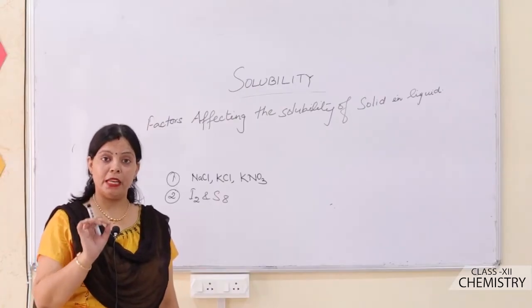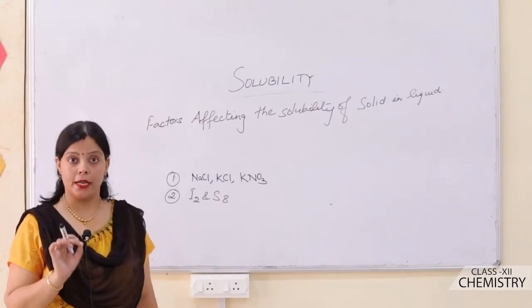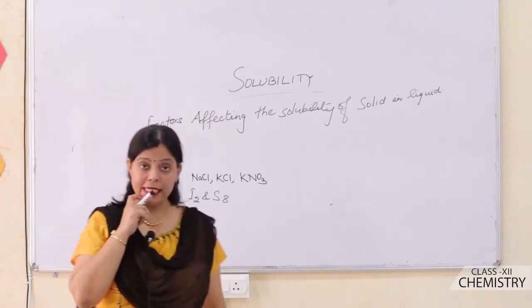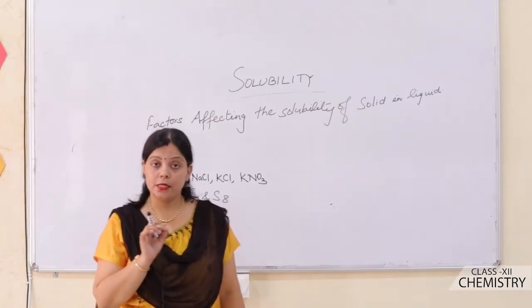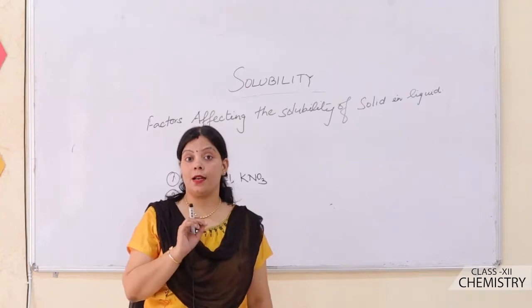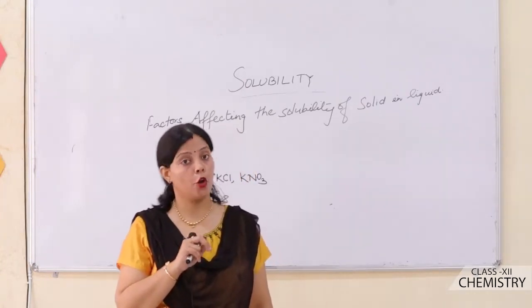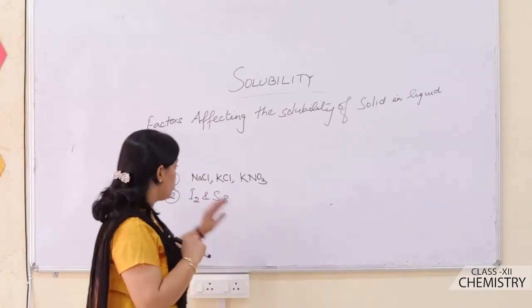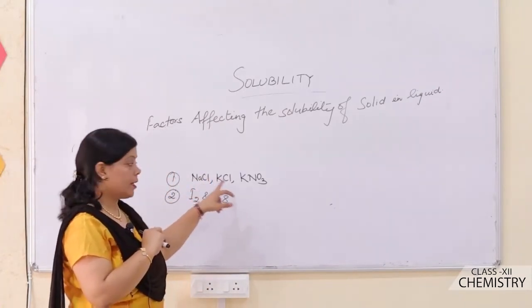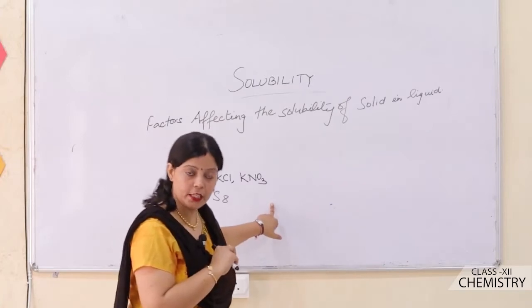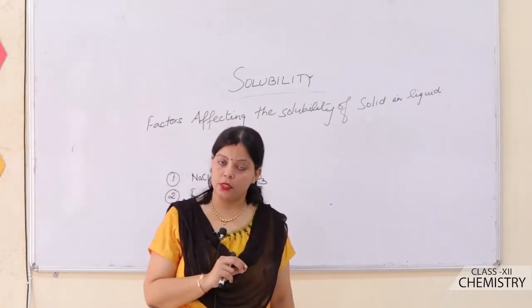What is the meaning of like dissolves like? Generally the solid substances are classified into two types, polar substances and non-polar substances. The polar substances like NaCl, KCl, potassium nitrate, these are polar substances.